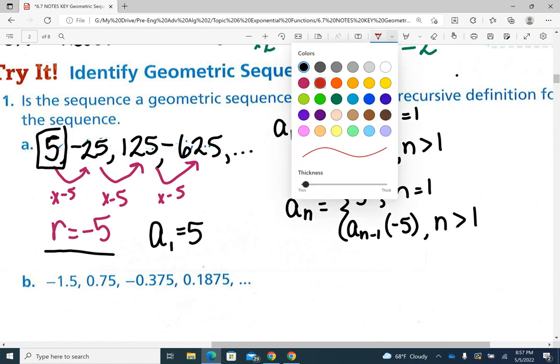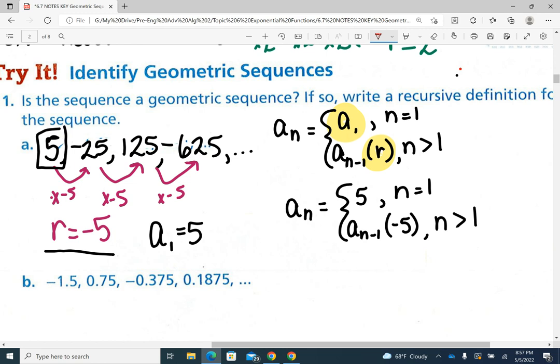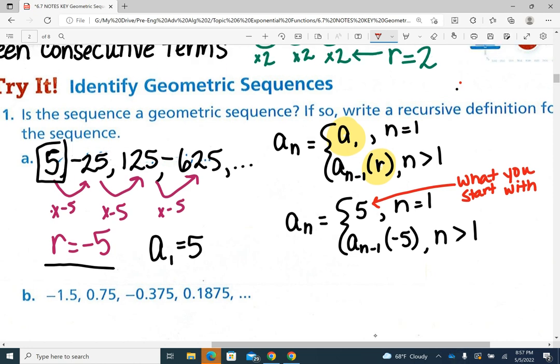The way that I like to think about the recursive formula is how it works. The first line tells you what you start with. So n equals 1 means that's your first term, and my first term is 5. The sequence starts with 5. This a sub n minus 1 is your previous term, and negative 5 is the r, which you multiply by to get all the other terms.